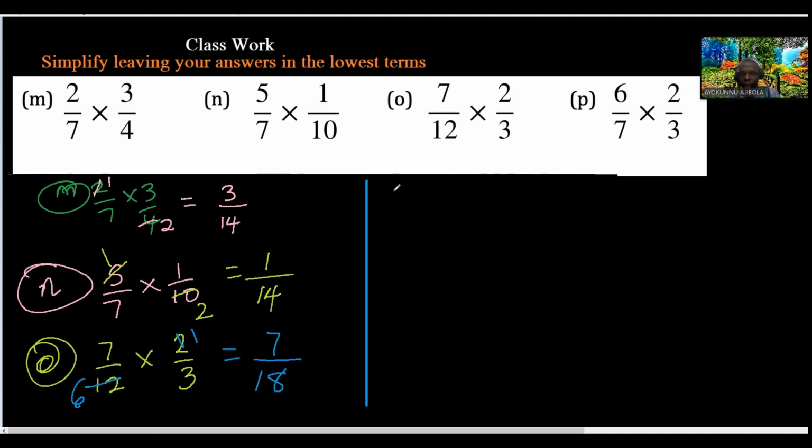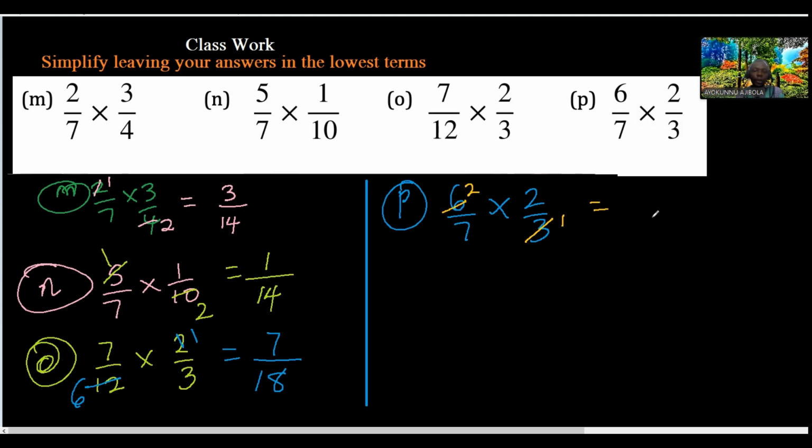Then the next one is P. You have 6 over 7 times 2 over 3. So what are we supposed to do here? Can anything divide themselves? No. Okay, yeah, 3 and 6, right? So 3 here 1, 3 here 2.